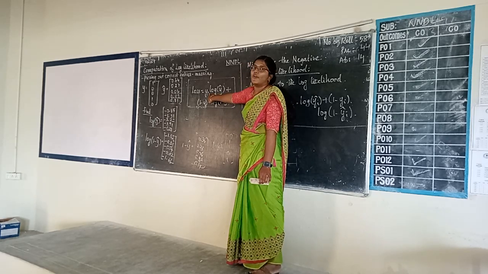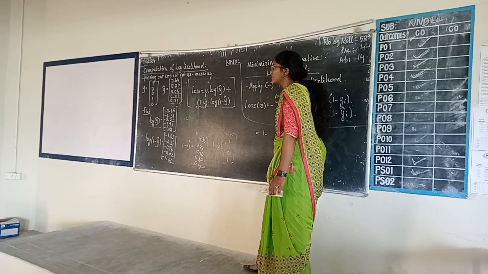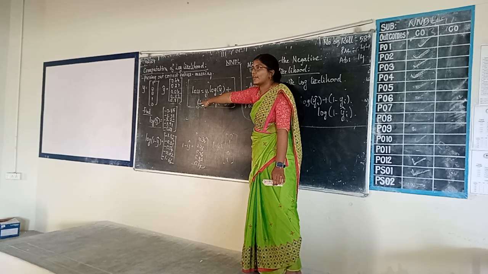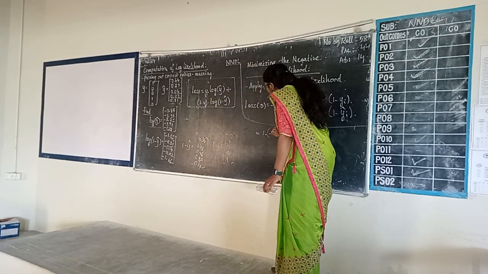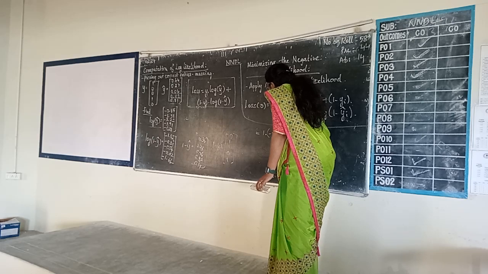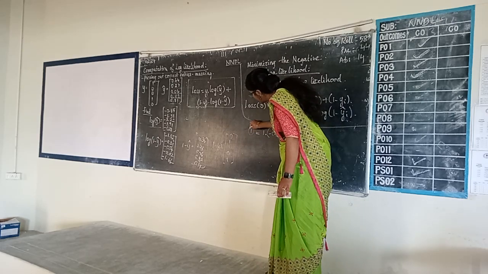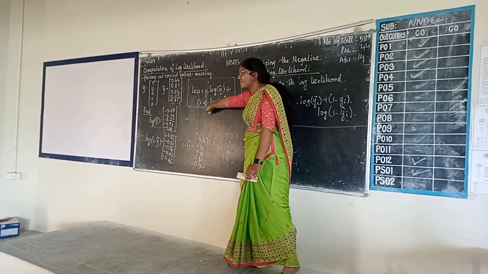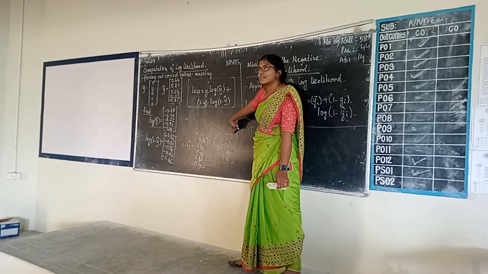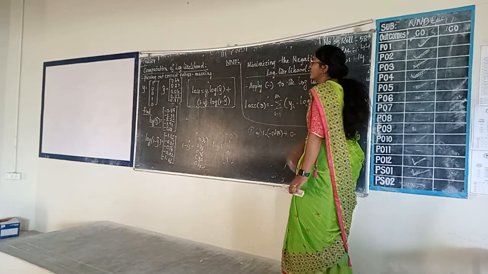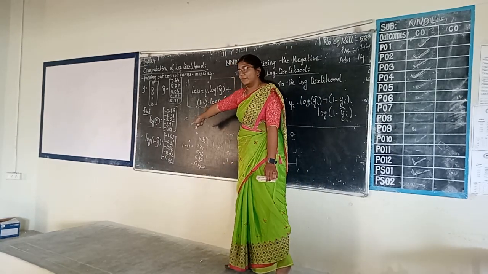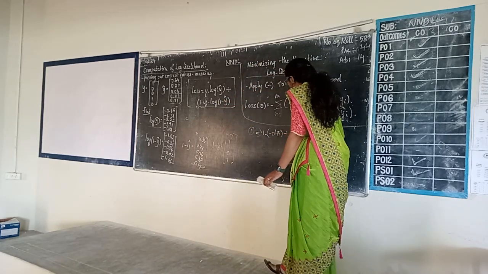What is the first value of y? 1 into log of y cap, first value is minus 0.45, plus 1 minus y first value is 0, so 0 into log of 1 minus y cap, which is minus 1.02.